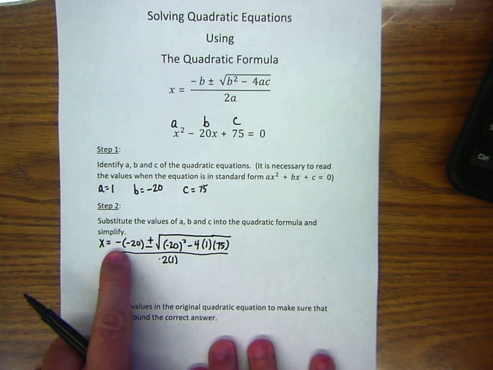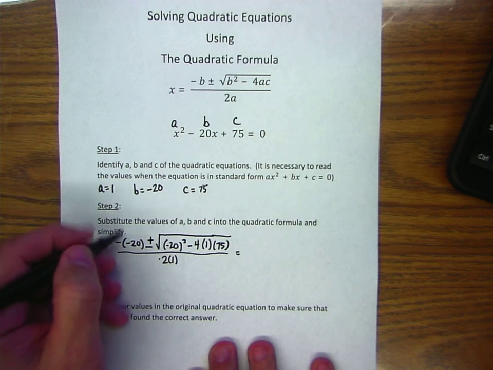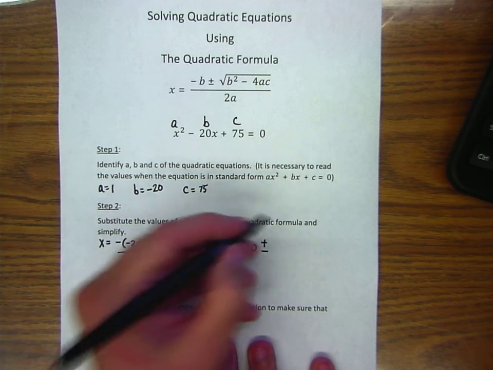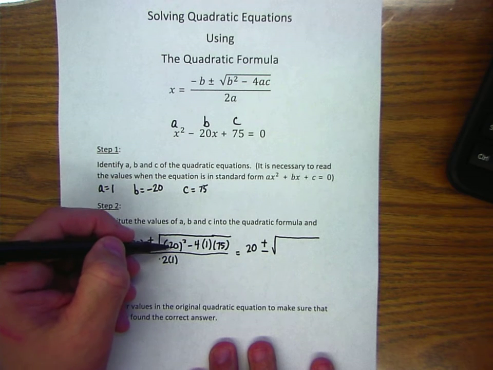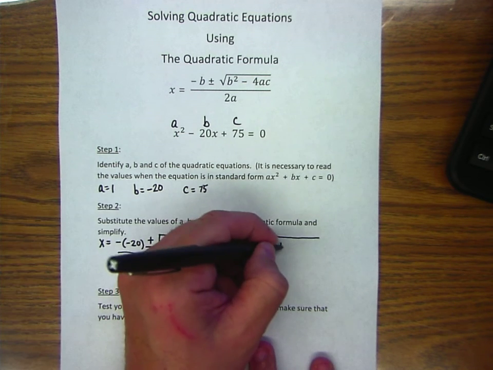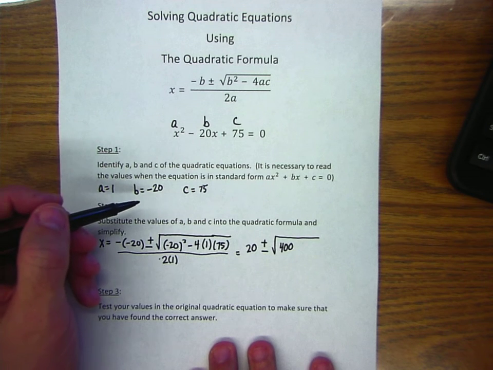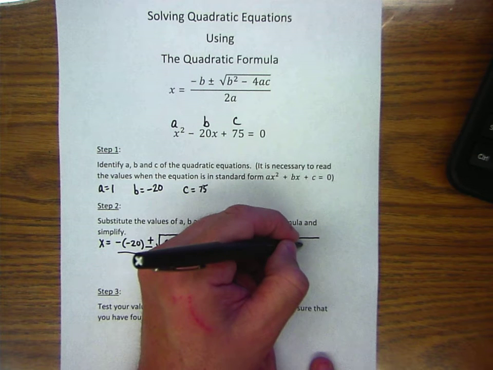If we simplify this, what we have is negative of negative 20 is positive 20, plus or minus, and then we simplify under the radical. You get negative 20 squared. That's negative 20 times negative 20, and that's 400. And then we get 4 times a times c. Well, that is 300. 4 times 1 is 4, times 75 is 300.